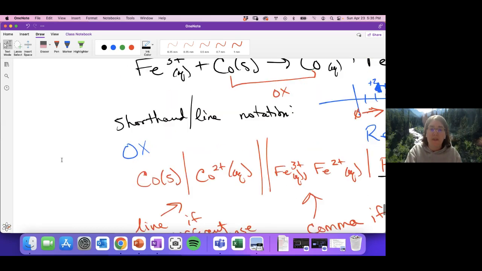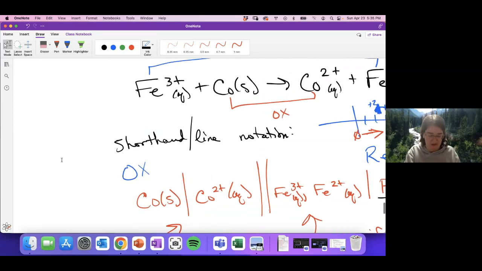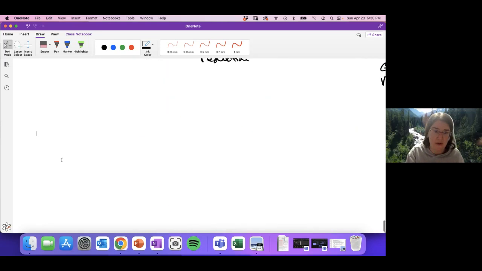So this actually uses the same iron cobalt reaction because that's where I got it from. But what it's going to ask, and I'll blow this up in just a minute, is what is E cell when, and I apologize that I don't have the superscripts because I didn't do this ahead of time, but I wasn't confident I was going to get to this.